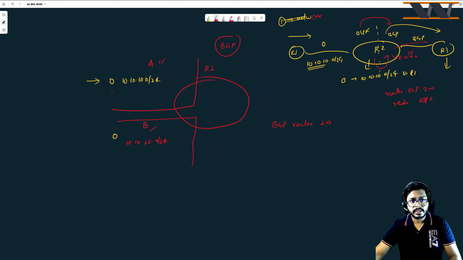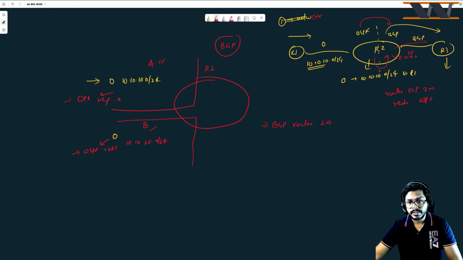It is not like I am running an OSPF process here for VRF A, as I mentioned in the last class, and another OSPF process here for VRF B. For as many VRFs as you have, you are going to run OSPF in every VRF, but BGP has evolved as a protocol and doesn't need a separate process for all the VRFs. It doesn't work like this.